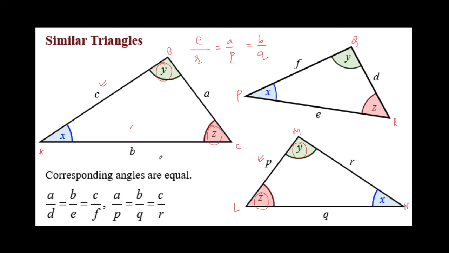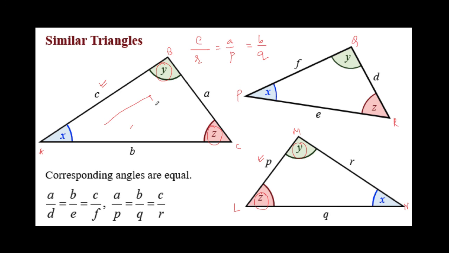Another way of thinking about this is to change the orientation of triangle LMN with respect to triangle ABC. Angles Y and Y are equal, and both vertices are at the top. The only change is that X is on the left-hand side in one and on the right-hand side in the other.